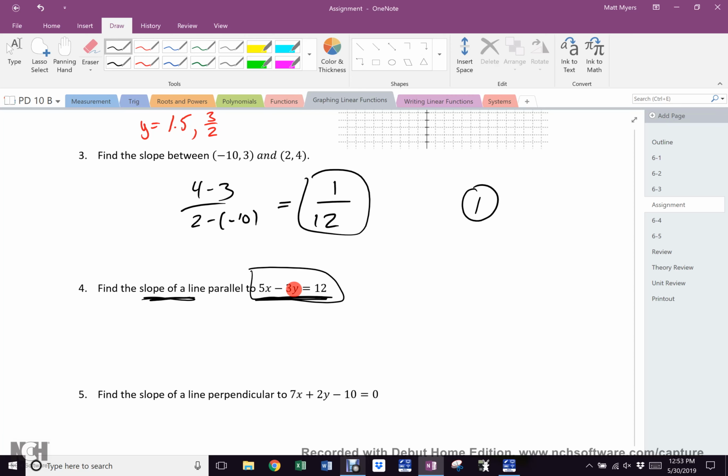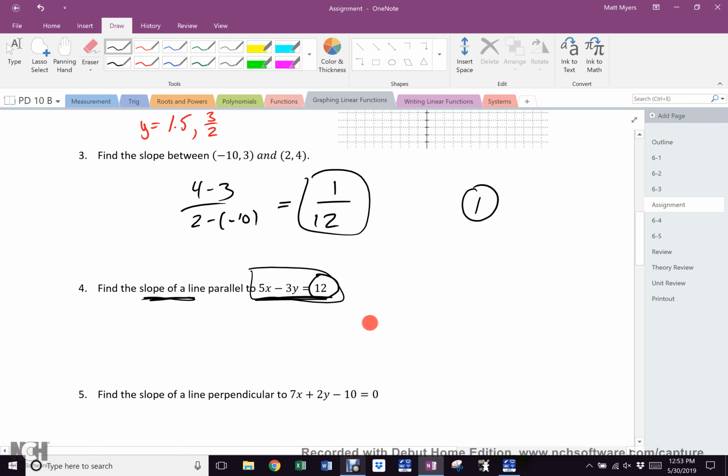Isolating y. Do I even care about this 12 in my isolation of y? Yes or no? No, why not? What is this question asking me for? It's not asking me to graph anything. It's just asking me for a slope, right? And when y is isolated, where does the slope live? Right before the x. So this 12 means nothing to me.